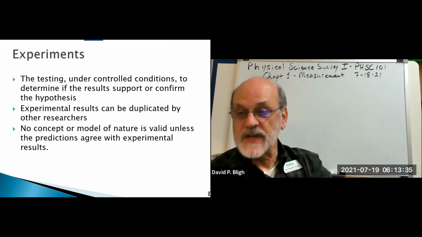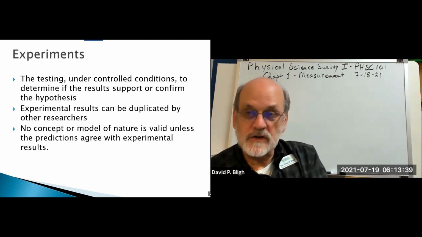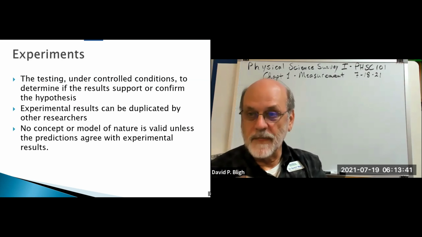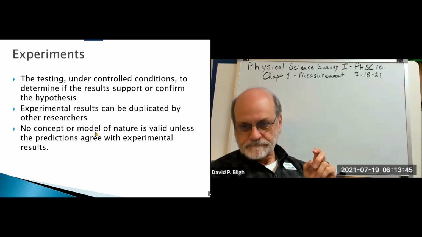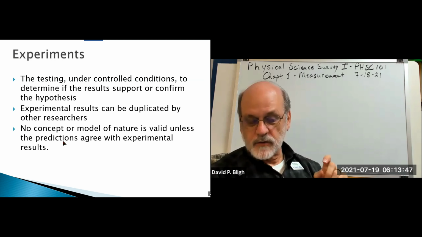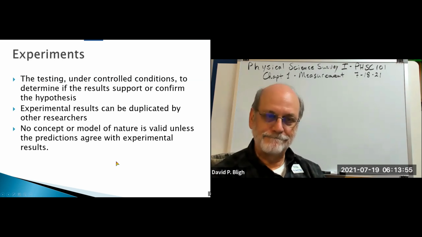If you input the same starting conditions, but you change the model, then you should get a different outcome, and the outcome is predictable. So that's what we mean by predictions. When you have this model, then the predictions must agree with experimental results. Okay.